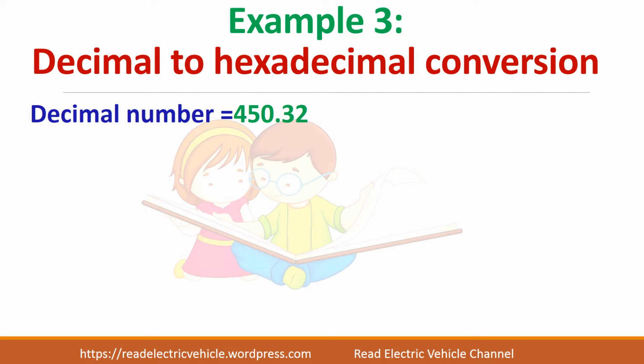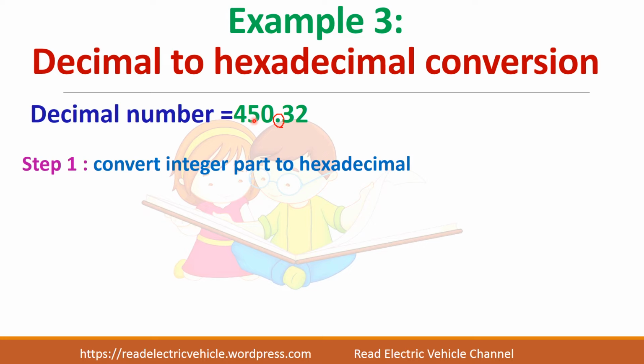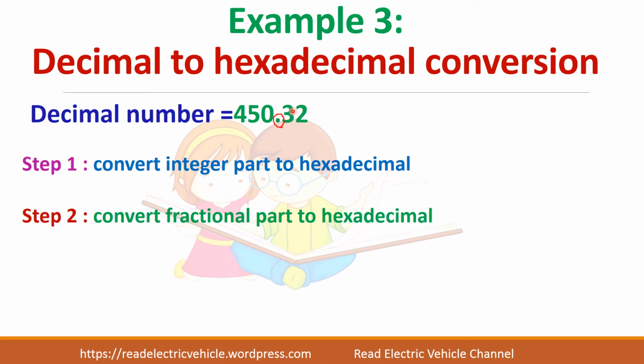Now let us take another example with a decimal point, 450.32. When you have a decimal point, always split the integer part and the decimal part separately. The integer part first should be converted into hexadecimal. Then in the second step we have to convert the fractional part into hexadecimal.